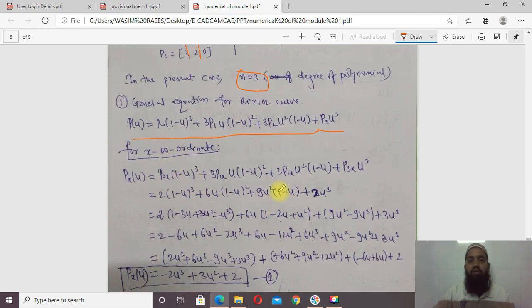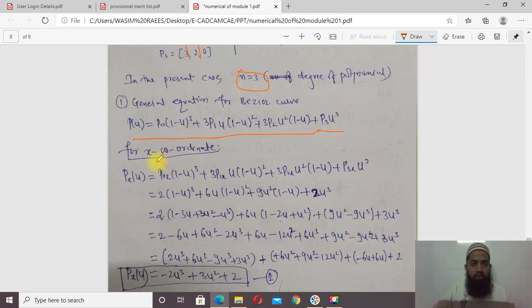We have the four control points, so we can write the general equation again in the form of P of x of u: P0x (1 minus u) cube plus 3 P1x u (1 minus u) whole square plus 3 P2x u square (1 minus u) plus P3x u cube.